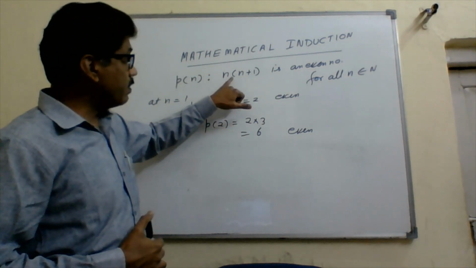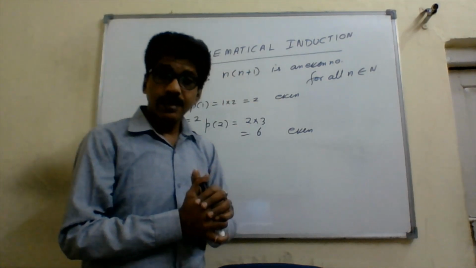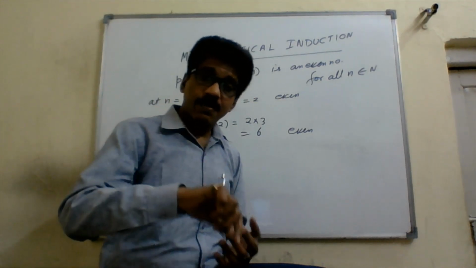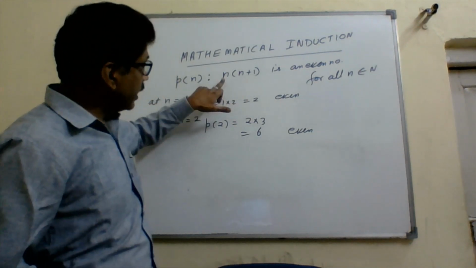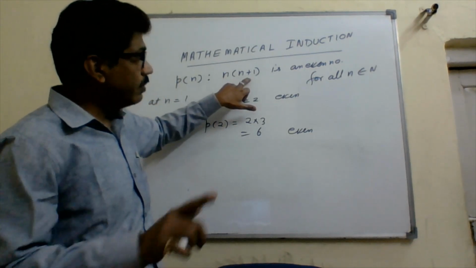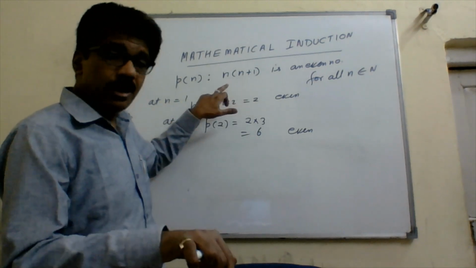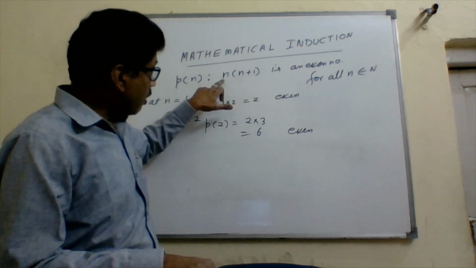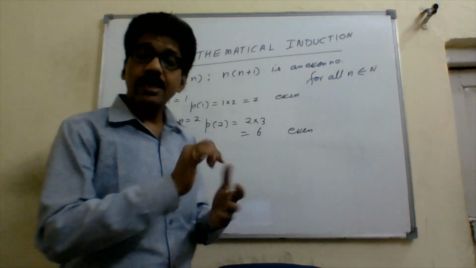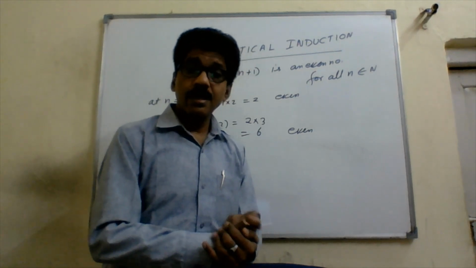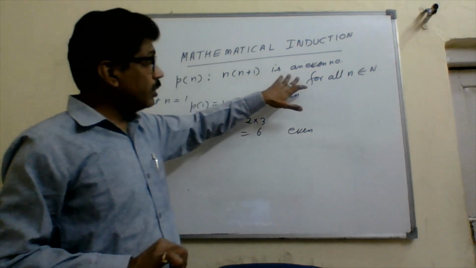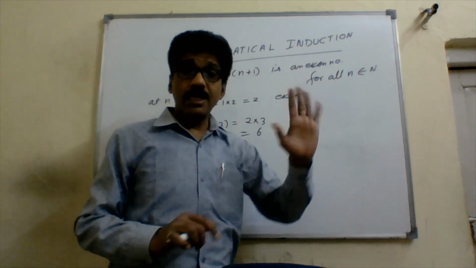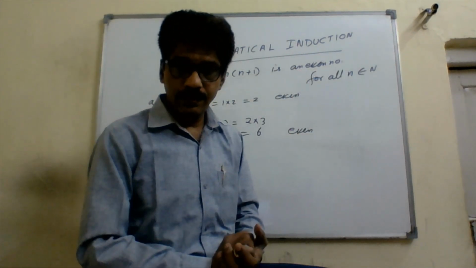So again, an odd number is multiplied by an even number, and whenever an even number is multiplied by an odd number, we get an even number. So if n is even, then even into odd gives even. If n is an odd natural number, then odd into even again gives an even number. So this statement is true for all natural numbers, whether even or odd.